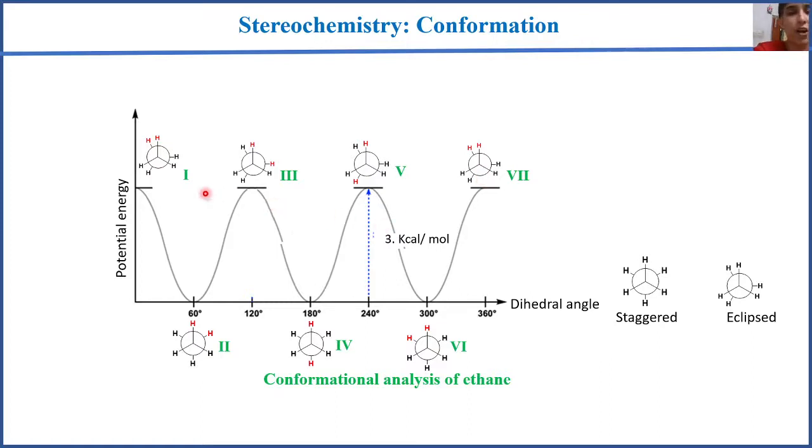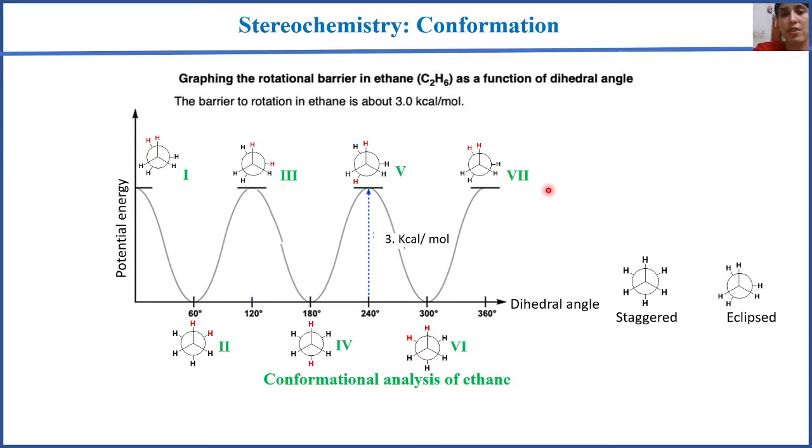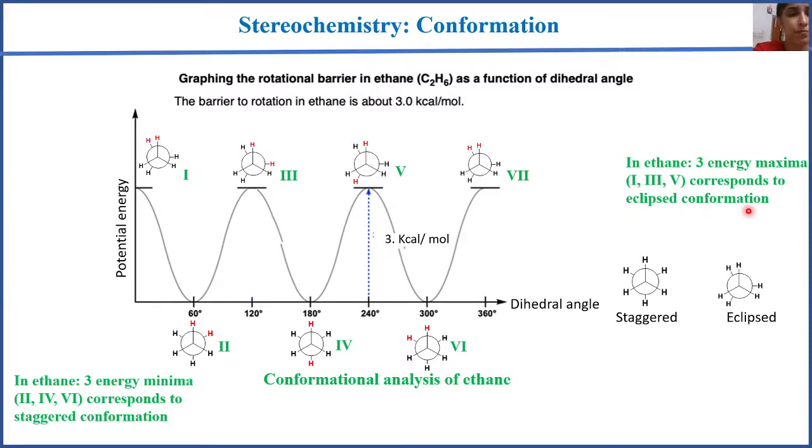So 1, 3, 5, 7 are termed eclipsed conformations, and 2, 4, 6 are in the energy minima position and correspond to staggered conformations.